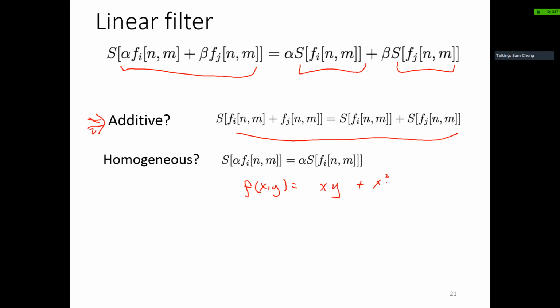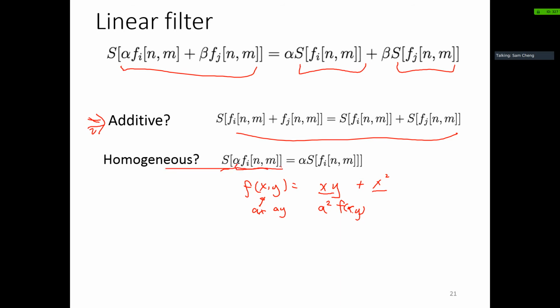This is homogeneous because if you change the input from x to ax and y to ay, your output will be a squared times f(x,y). You only have this nice property when all your terms have the same total degree. This is similar to this definition here, even though it's not identical.